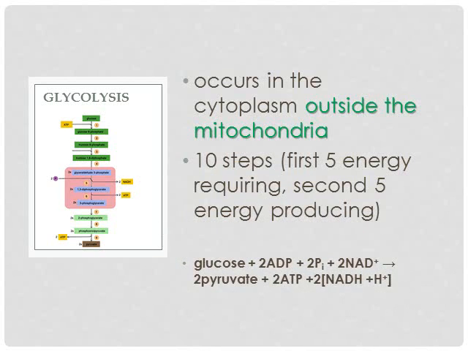This is a summary of the reaction. We're starting with glucose and some ADP, inorganic phosphate, NAD+, and we're going to end up with pyruvate as our final product, some ATP, and some NADH. So we're going from that oxidized version of NAD to the reduced version of NAD.